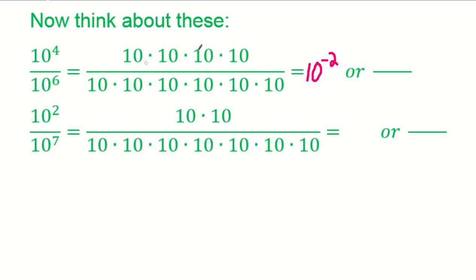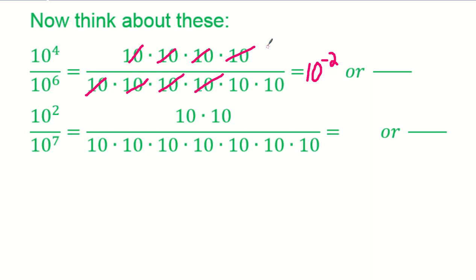But another way to look at this is when you have all of these factors of 10 written out, you could say, doesn't this 10 divide with that 10? They cancel out because they divide to be 1, because 10 divided by 10 is 1. Same with the other pairs.